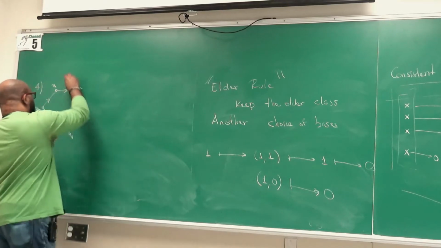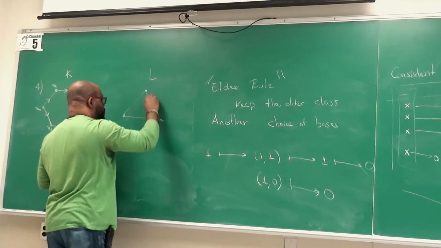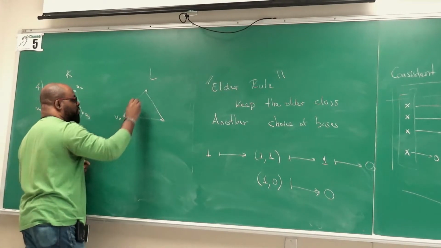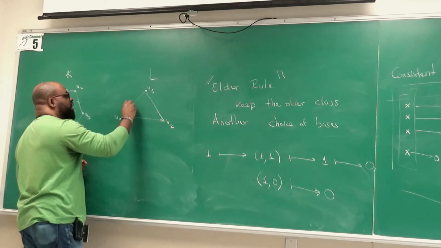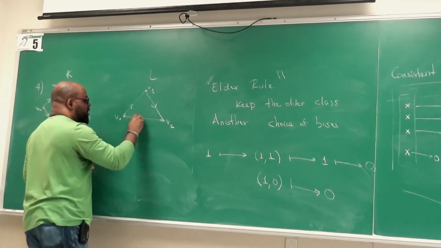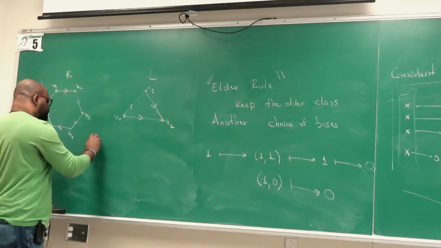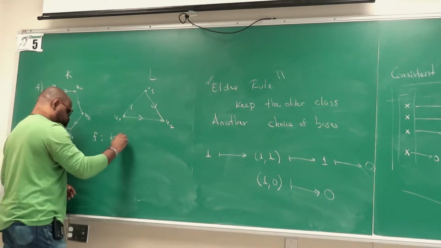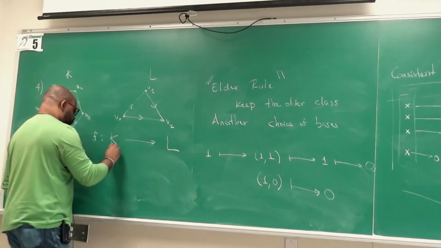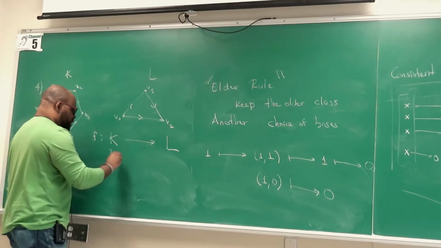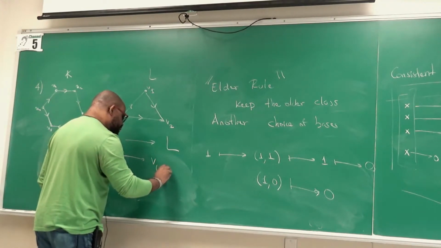And then my L is going to be the triangle with vertices V0, V1, and V2, and the orientations as usual. My simplicial map F at the level of vertices is going to be given by Uj goes to V, with index j mod 3.